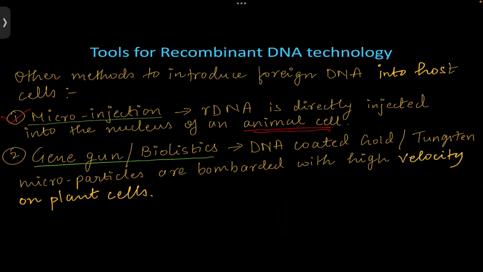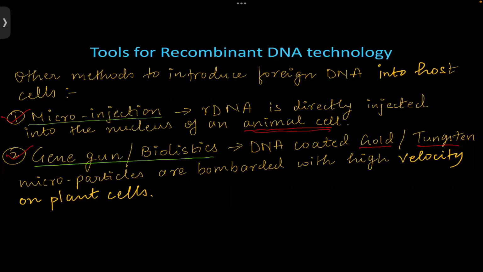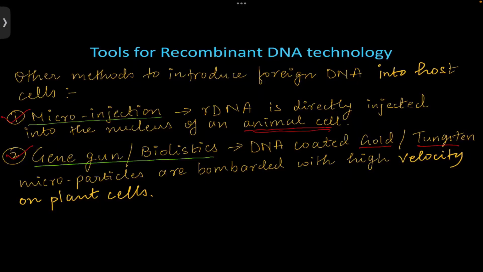There's another method called using a gene gun or biolistics. Here, you coat microparticles of gold and tungsten with your recombinant DNA. After that, you bombard these microparticles at a very high speed on the plant cells. So this gene gun method is used for transforming plant cells.